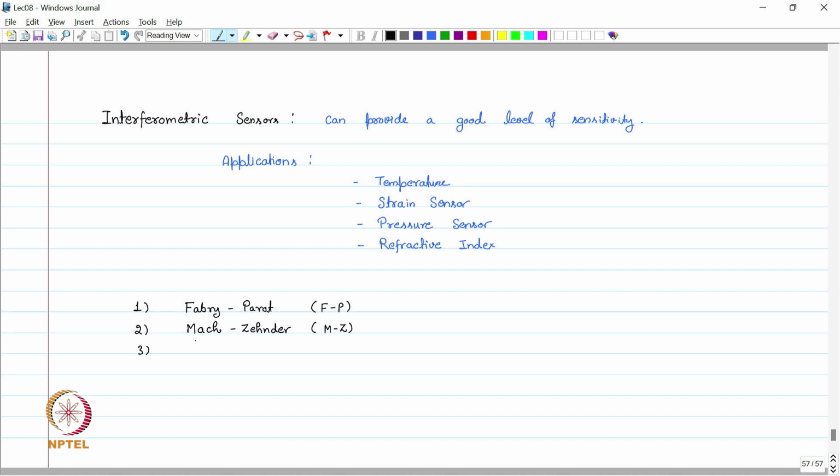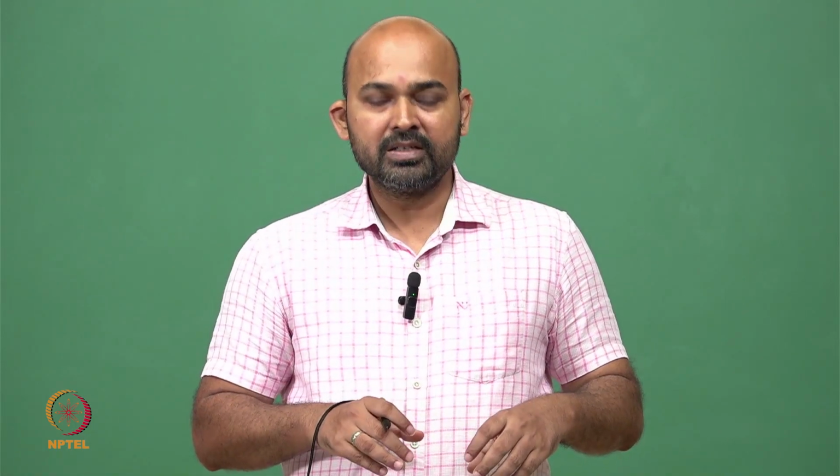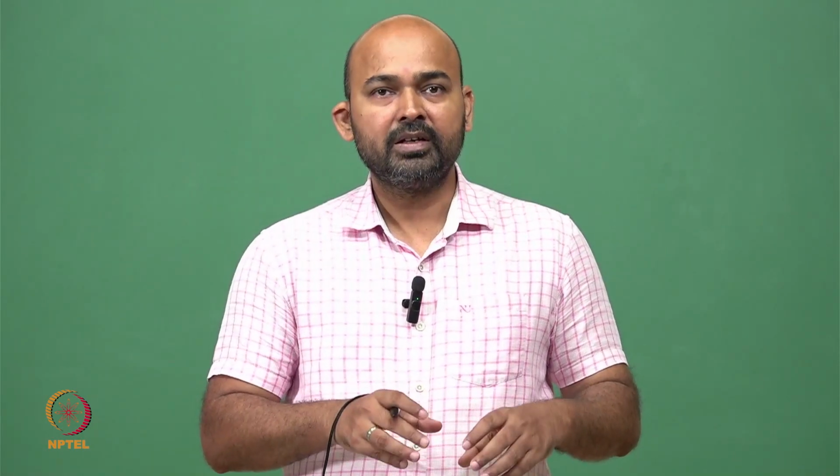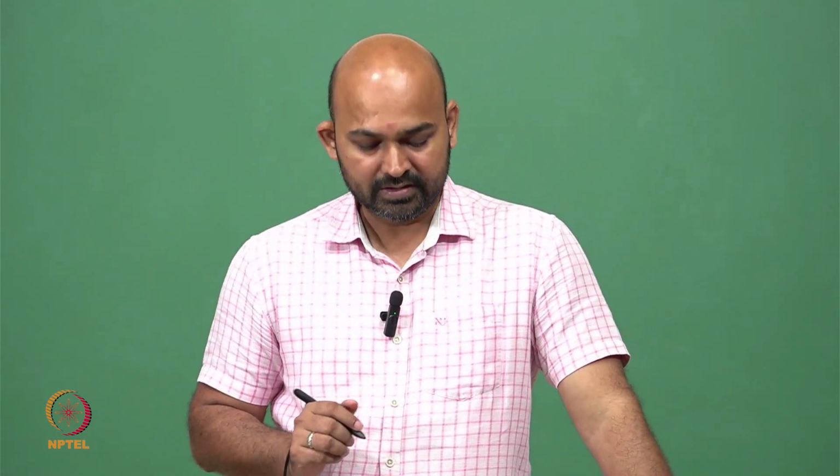The third one is Michelson sensor. And the fourth one is Sagnac sensor. So these are the four optical sensors which we are going to cover in these interferometric sensors.